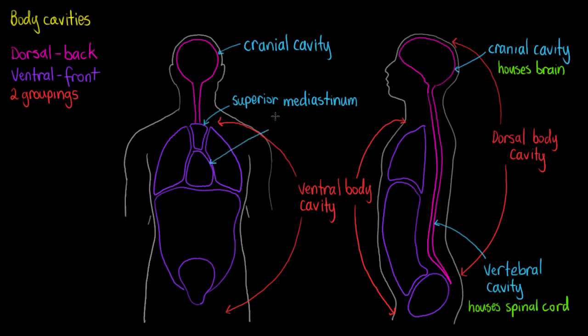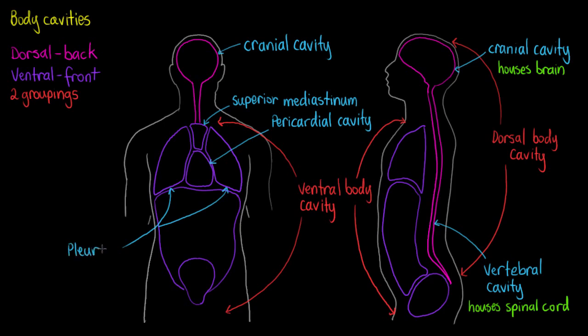We also have our pericardial cavity, which is going to house the heart, and we're also going to have the pleural cavities, which are these two on the outer sides here. So just drawing those there. Those two are both known as the pleural cavities, and they're going to house your lungs.